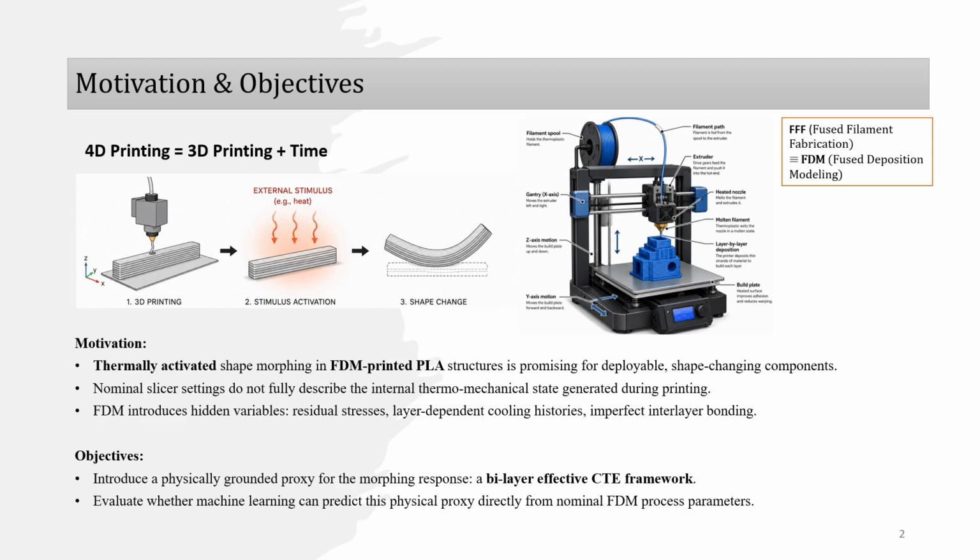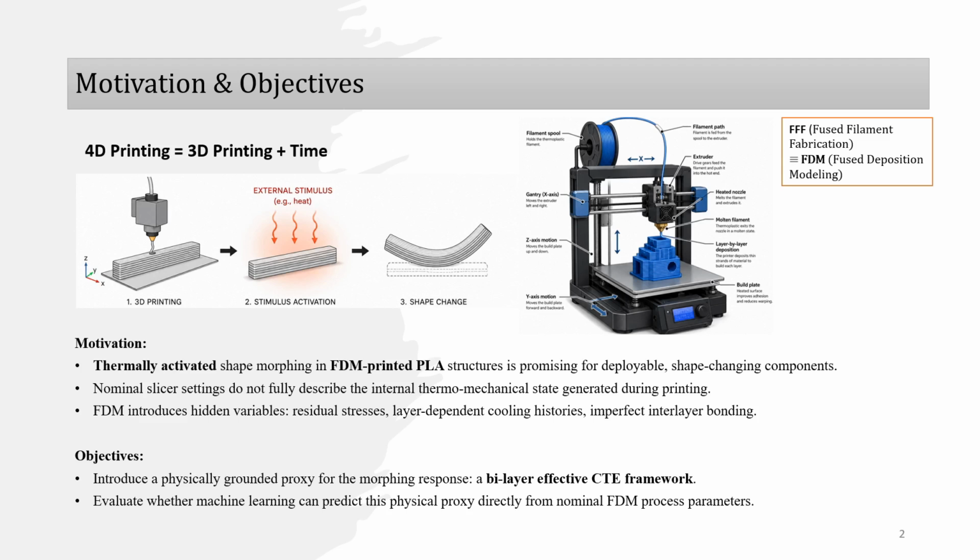Second, the terms FFF or fused filament fabrication and FDM or fused deposition modeling are used here to describe the same extrusion-based polymer additive manufacturing process. Both refer to the layer-by-layer deposition of thermoplastic filament.